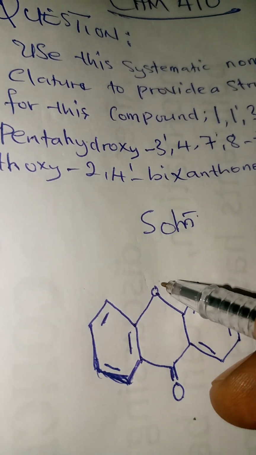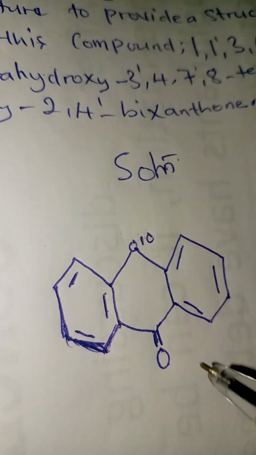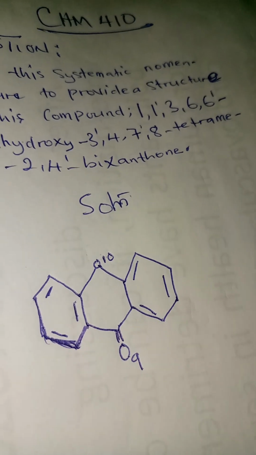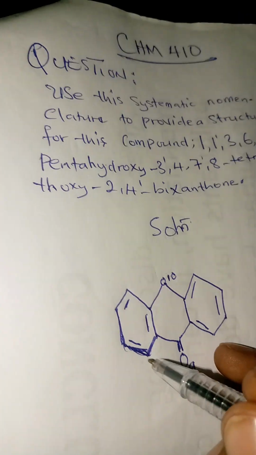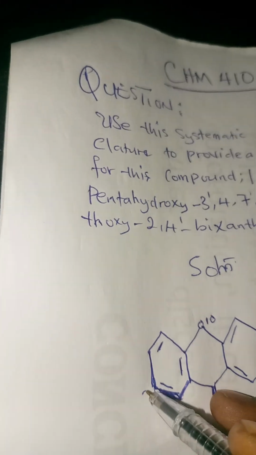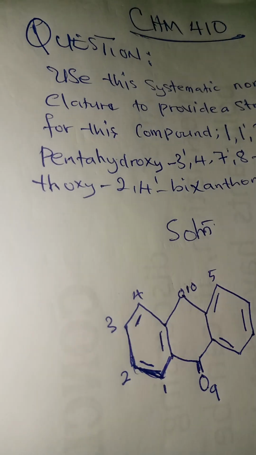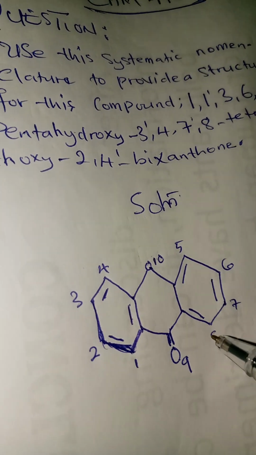The ether group has number 10, and the ketone group has number 9. Then you can number the remaining positions either from your left or your right. I'm going to number from my left. This is my 1, this is my 2, this is my 3, this is my 4, and this is my 5, 6, 7, and 8.